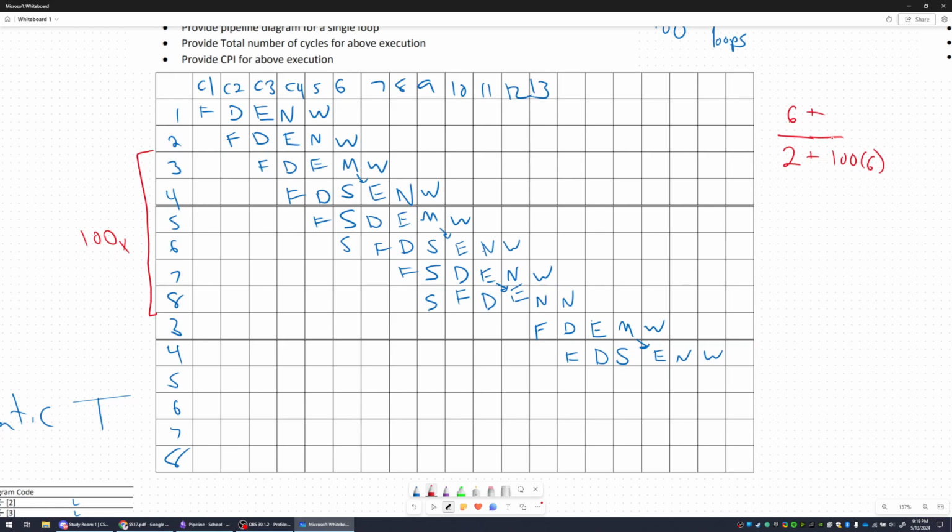This is the bottom part of the equation, which is just the instructions. Over here, let's see, 1, 2, 3, 4, 5, 6. Oh, 14. Yeah. So what is that? 1, 2, 3, 4, 5, 6, 7, 8, 9, 10, 11, 12. 100 times 12 cycles, right?